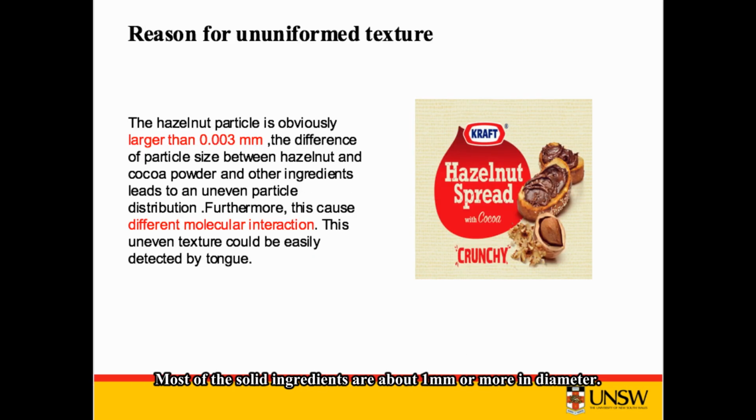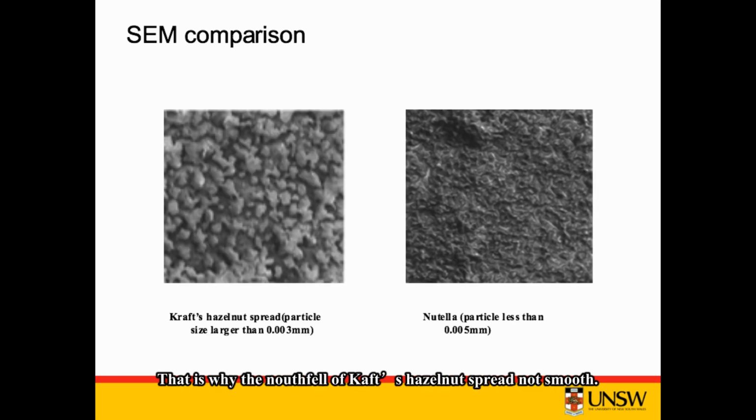Most of the solid ingredients are about 1 mm or more in diameter. The tongue will detect particles larger than 0.03 mm, especially the chocolate particles, which will appear to be gritty. That's why the mouthfeel of Kraft's hazelnut spread is not smooth.